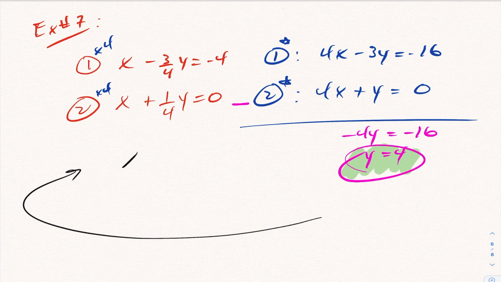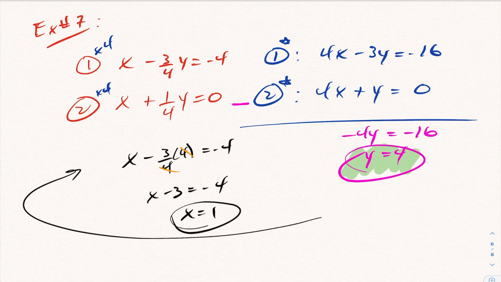I'll just use the first equation. These cancel, and you get x minus 3 is negative 4. I get x is 1. So my point of intersection is 1 and 4.